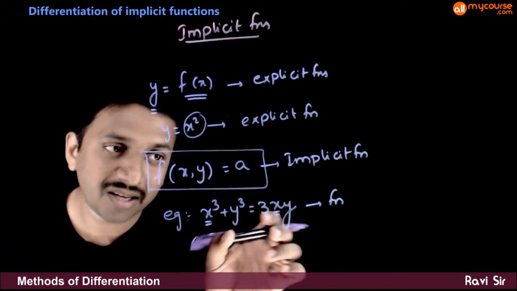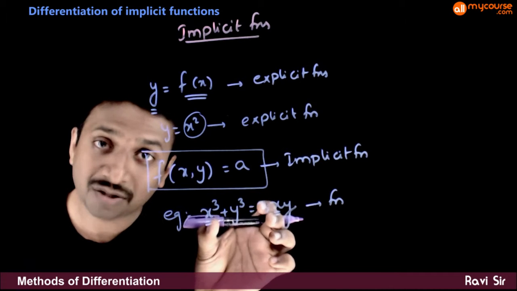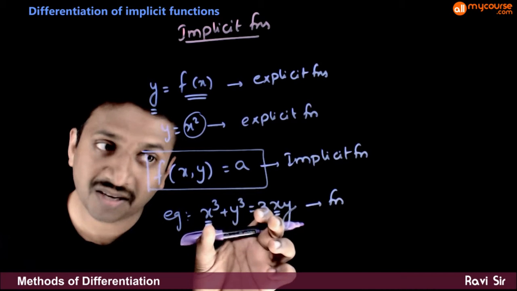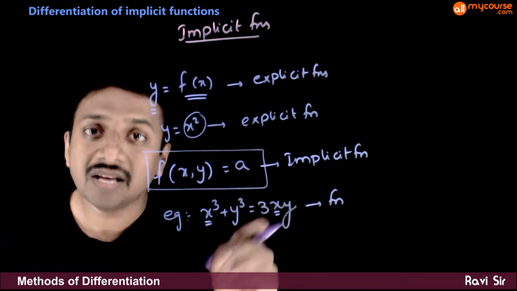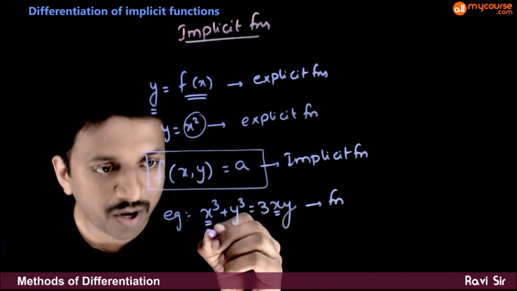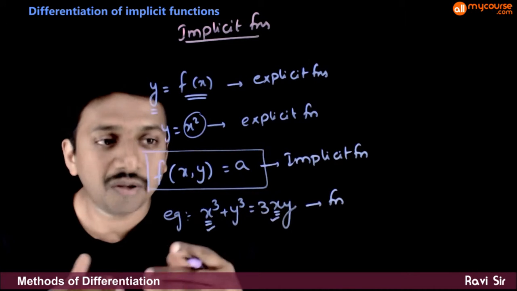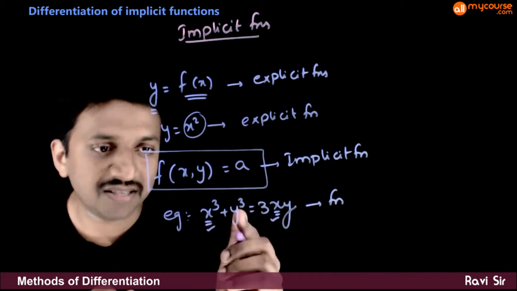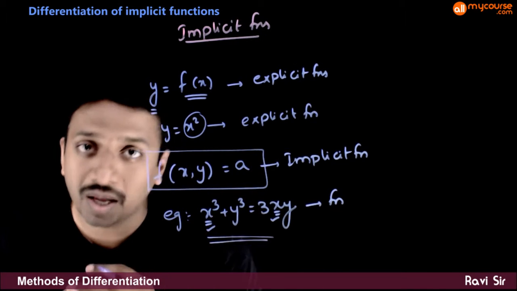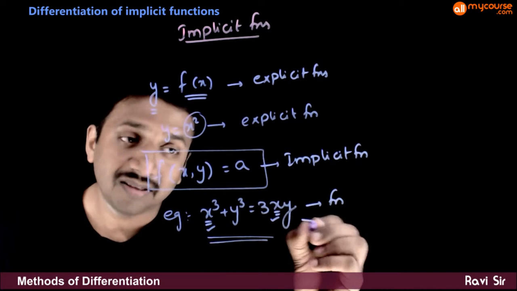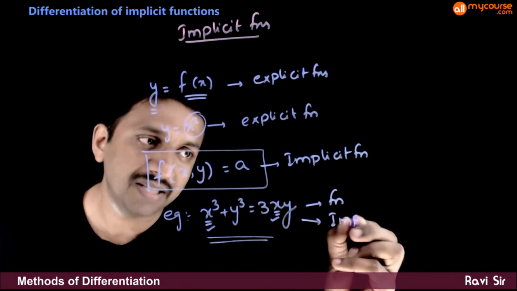So if you want the values of y for some values of x, you put the value of x here, you get a quadratic in y, solve the quadratic in y, you get the values of y. So corresponding to each value of x, you can get certain values of y. Hence, this is also a rule which connects x and y. This is also a function. Hence, this is called an implicit function.